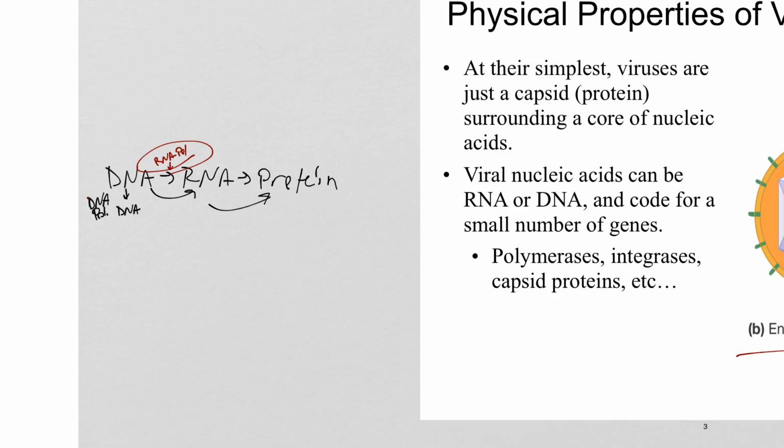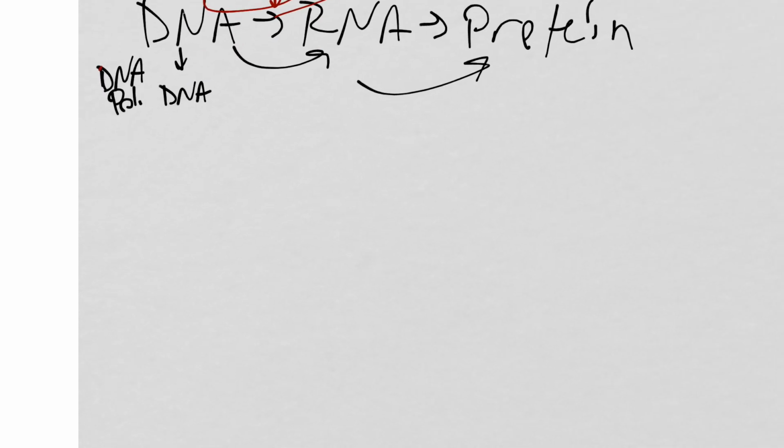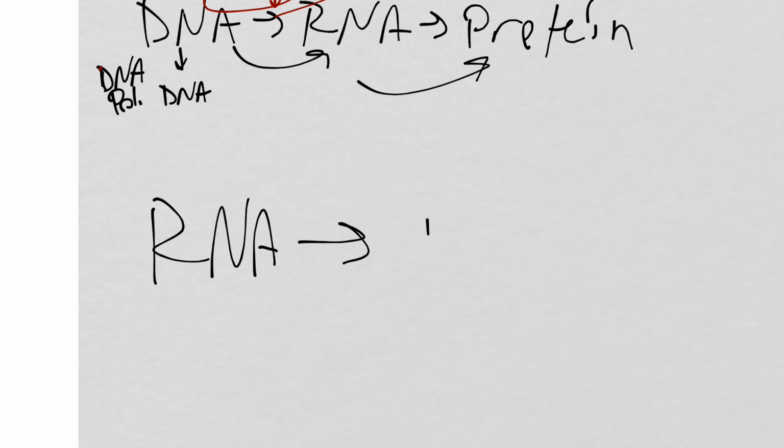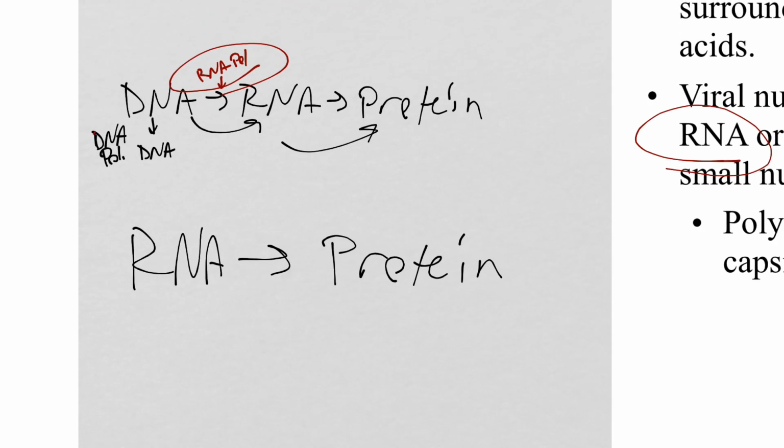On the other hand, if you are a virus that's made out of RNA, things get a little bit more tricky. And so if your primary genome is made out of RNA, the first part of this is easy. You go from RNA to protein, you end up making capsid proteins the same way that this DNA virus did up here. RNA to protein is just translation, uses a ribosome.